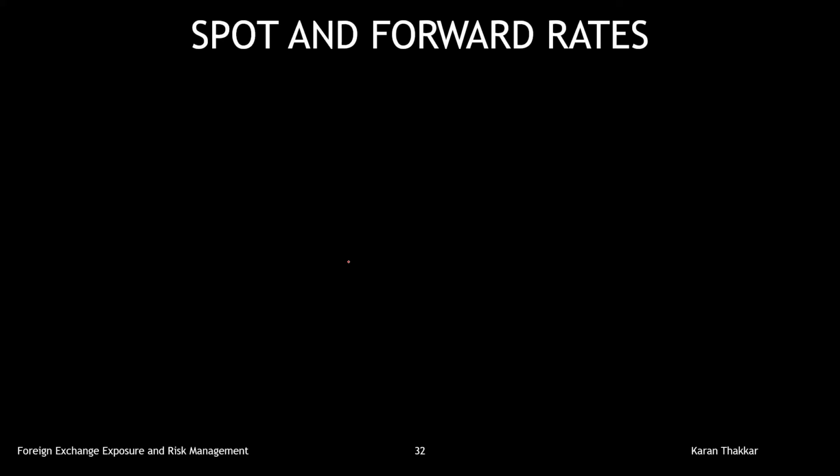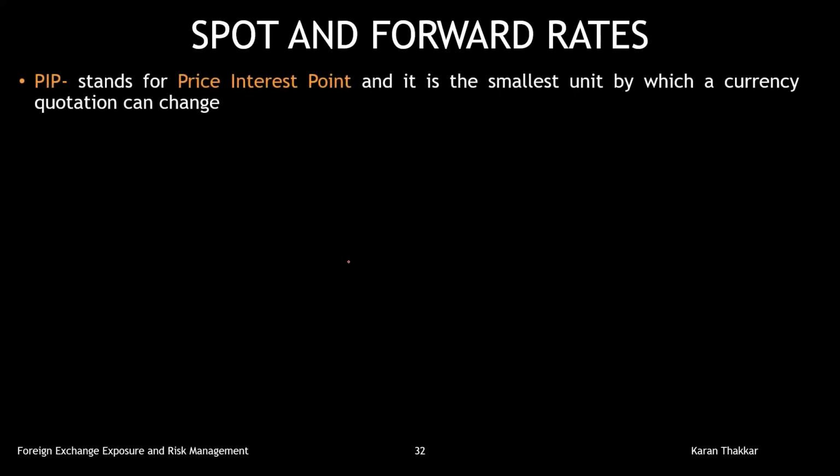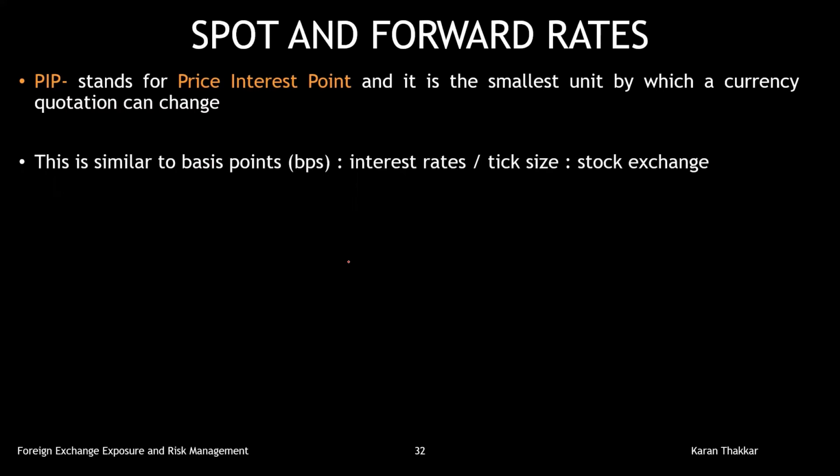To know how to derive the forward rates from spot rate, when say you are given forward or swap points, you should first know what is a pip. So pip stands for price interest point, and it is the smallest unit by which a currency quotation can change. So this is similar to basis points, which is used for interest rates, or tick size, which is used for stock exchange.